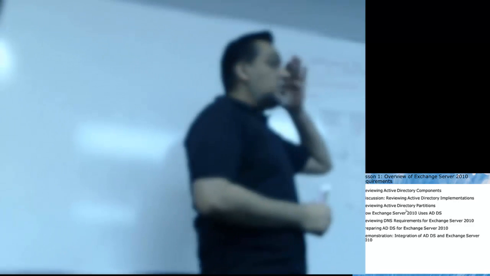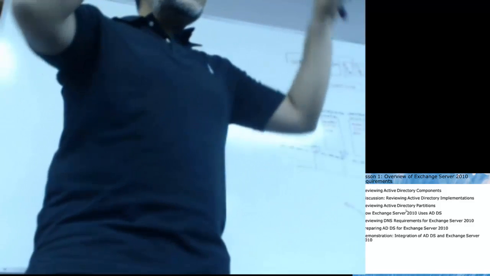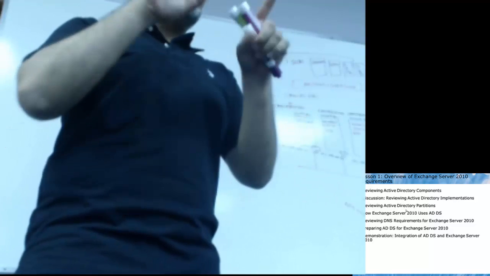There is a huge requirement in Active Directory, and actually Exchange stores a lot of information inside Active Directory. So your NTDS file in Active Directory stores a lot of Exchange information. In this lesson, we're going to go through reviewing Active Directory components. Then we're going to discuss Active Directory implementation, reviewing Active Directory partitions, how Exchange 2010 uses ADDS, and reviewing requirements and integration of Active Directory and Exchange Server.